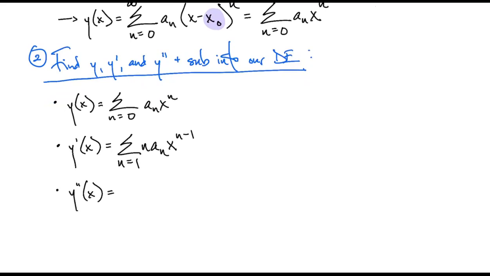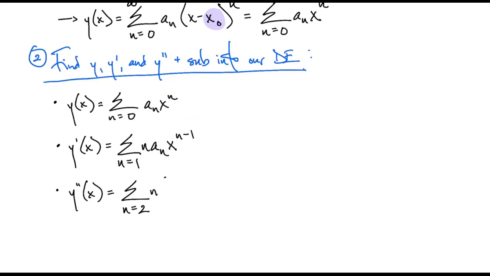We take the derivative one more time. That's going to shift our index one more time to n equals 2. Because again, the a sub 1 from the first derivative is going to go to 0 because it's just a constant, and when I take the derivative of a constant, I get 0. But I am going to bring down this power.